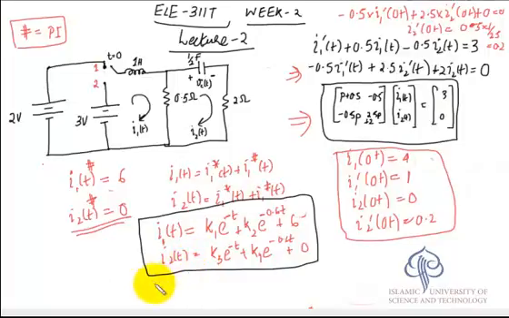So this gives us the two equations. Then what is left is to substitute the values of the initial conditions into these two equations to get the values of k1, k2, k3 and k4.